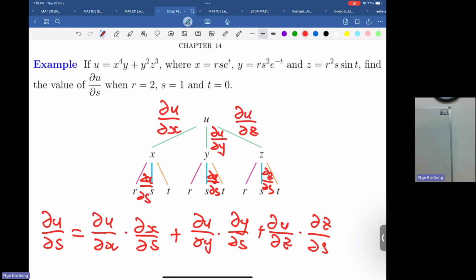What's the difference? Because the function has more than one variable.